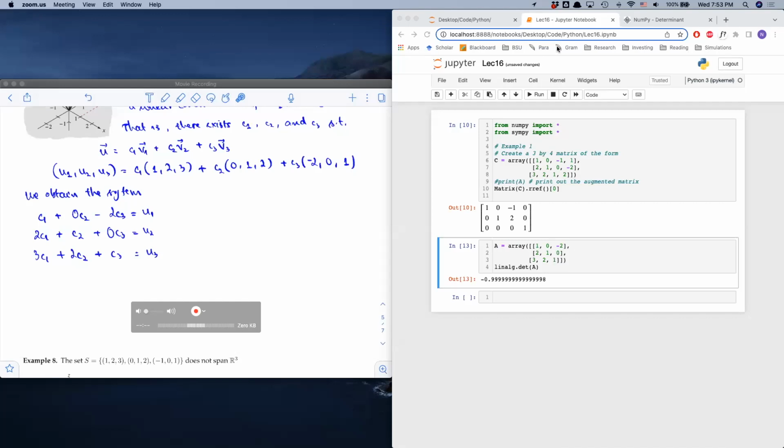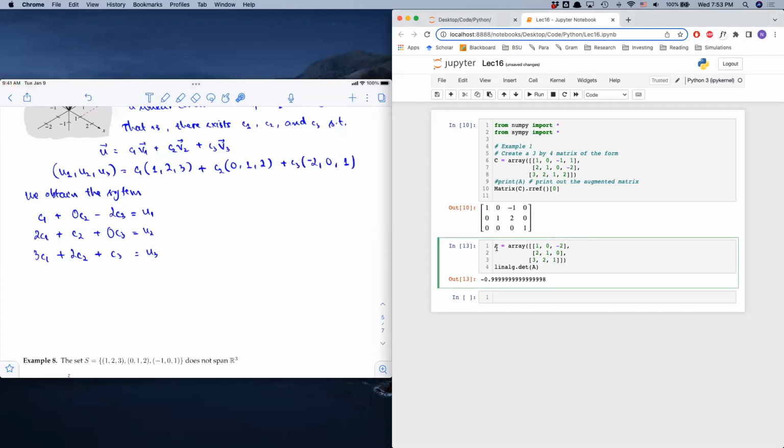All right, so now we will turn to Python to help us calculate the determinant of the coefficient matrix. The coefficient matrix that we got here is going to be 1, 0, negative 2, 2, 1, 0, and 3, 2, 1. I call the coefficient matrix A, and I set up the matrix. Now remember, this is just the coefficient matrix and not the augmented matrix.